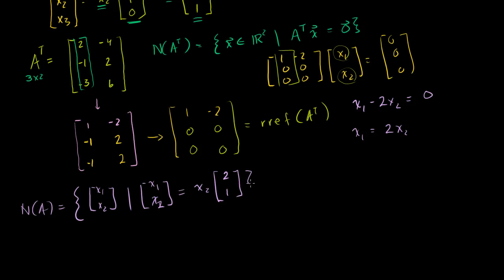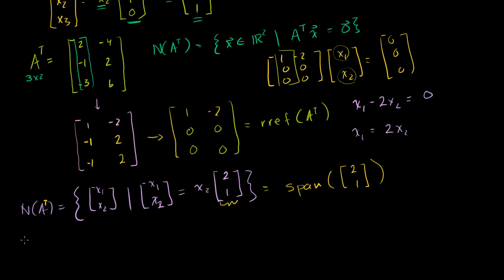So what is this going to be? Well, this is all of the linear combinations of this vector right here. So we could say it's equal to the span of the vector 2, 1. Now, sorry, this was the null space of A transpose. I have to be very careful there.